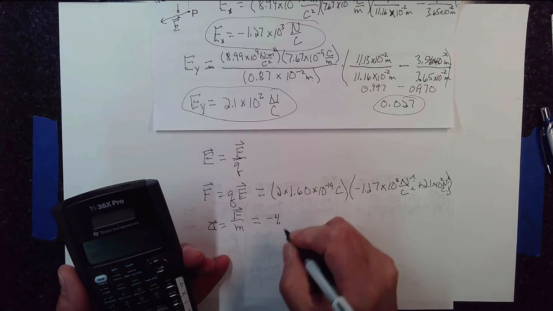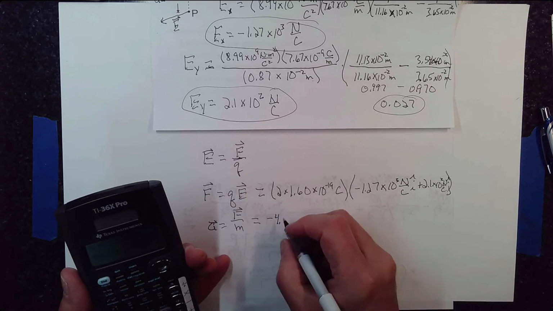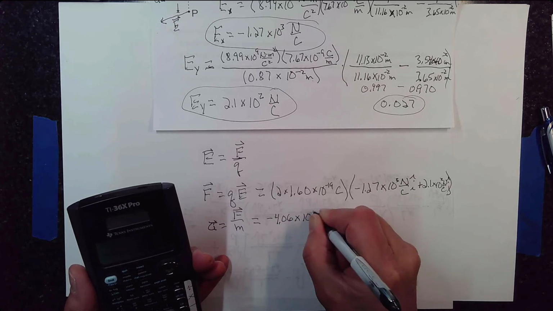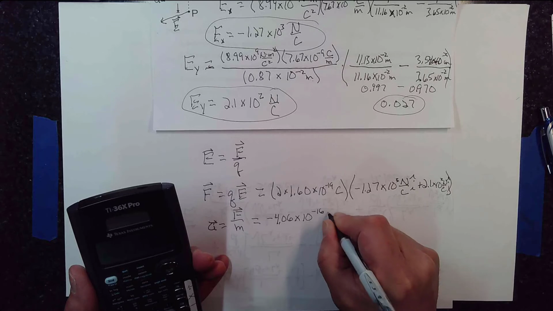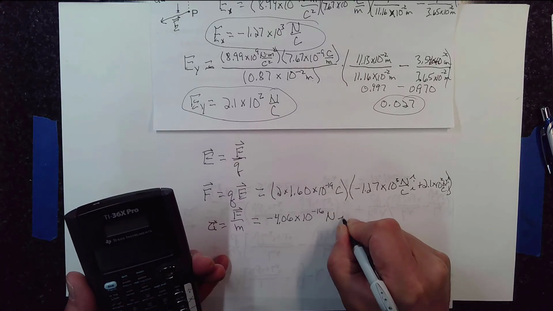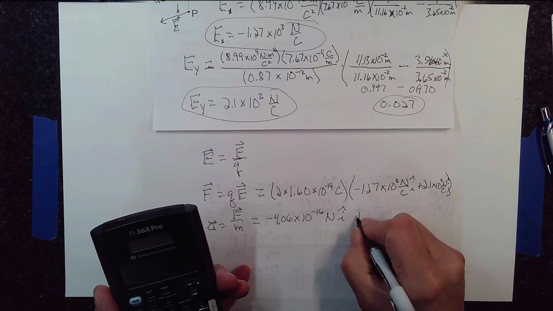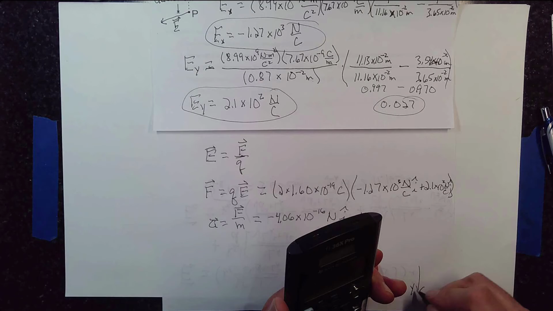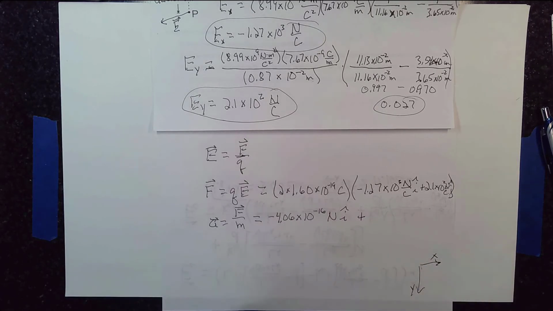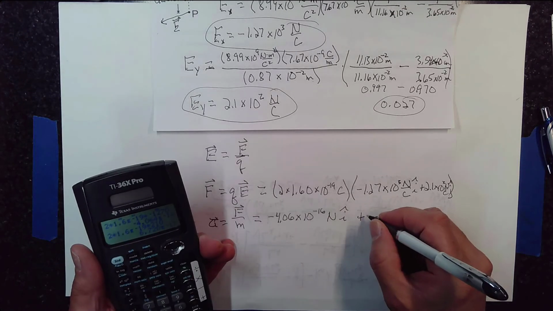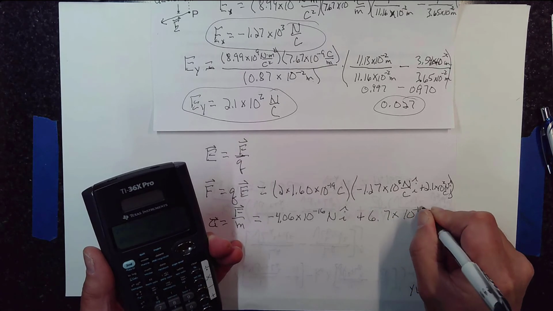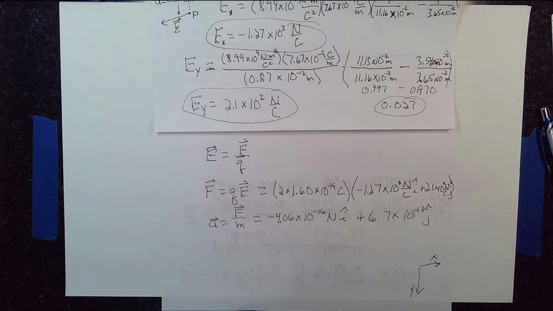Minus 4, this one I've got 3 sig figs on, 0.6 times 10 to the minus 16th newtons in the I hat direction, plus, oh, remember when I set up this whole problem, I had y pointing downward and x pointing to the right. So I'm still using that coordinate system. And I get plus 0.7 times 10 to the minus 17th in the J hat direction.